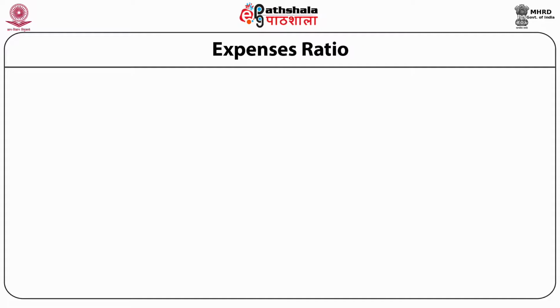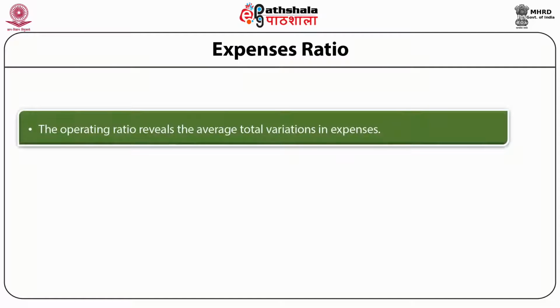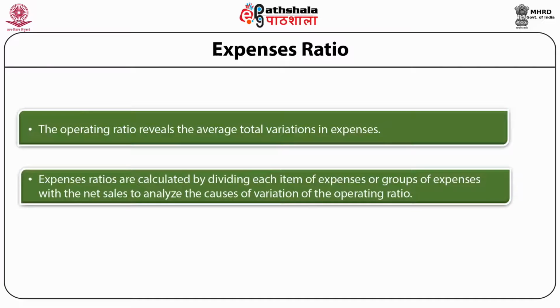Expenses ratio. The operating ratio reveals the average total variations in expenses. Expenses ratios are calculated by dividing each item of expenses or groups of expenses by the net sales to analyze the causes of variation of the operating ratio.